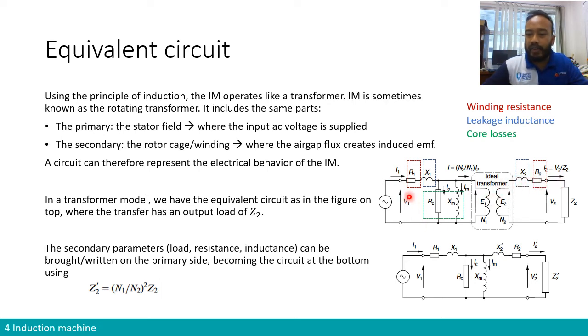And then you have X1 and X2. What is X1 and X2? X1 and X2 is basically representing the energy absorbed by inductor. But in this case, it's not the real inductor that is magnetizing the circuit of the motor or the transformer. It is the leakage inductance. So it represents as X1 and X2.